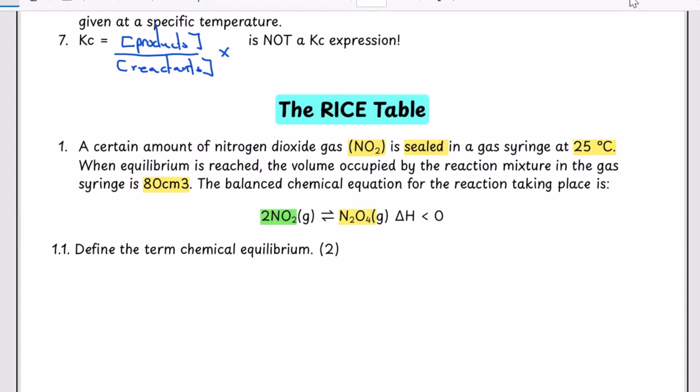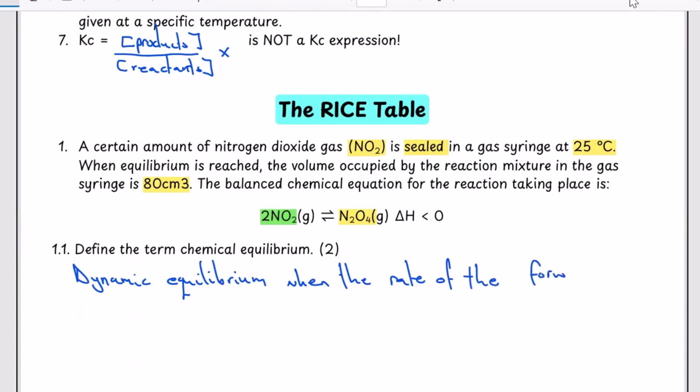Chemical equilibrium is defined as a dynamic equilibrium when the rate of the forward reaction equals the rate of the reverse reaction.